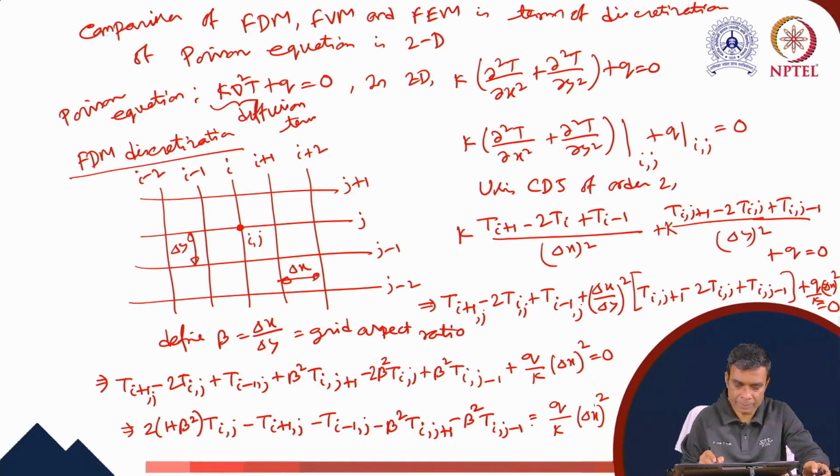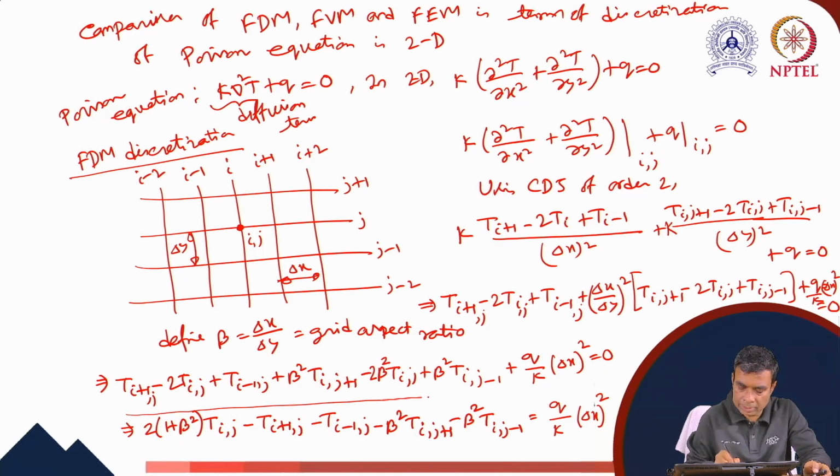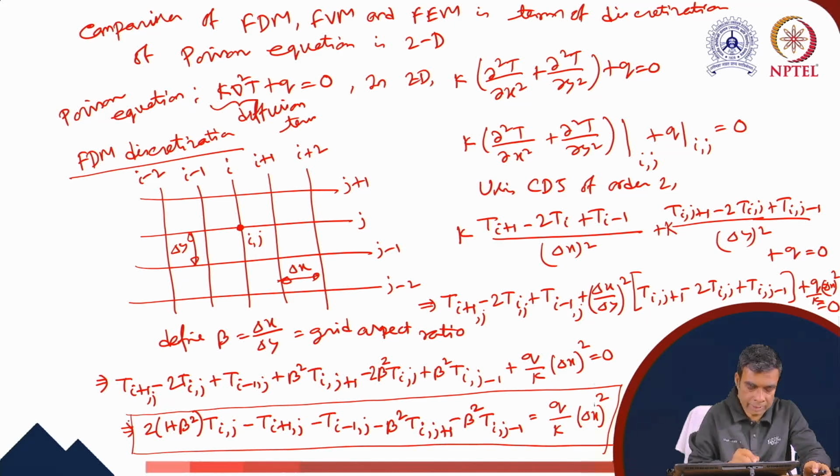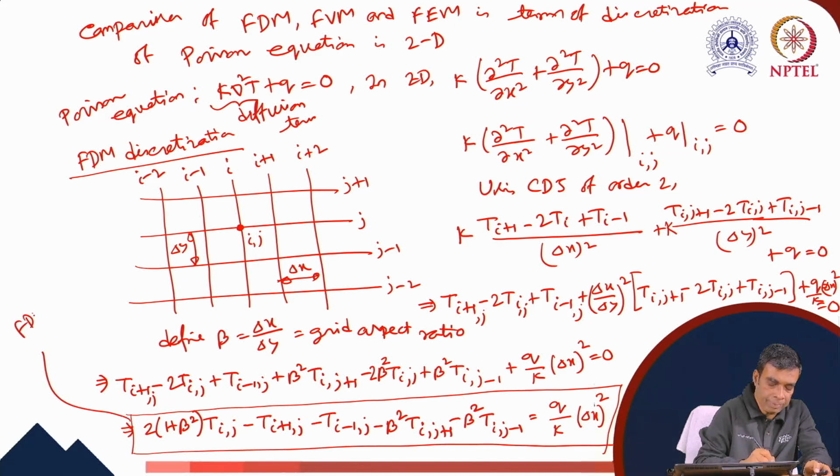Now the expression which we get here, that is the generalized finite difference discretized algebraic equation. This is a linear algebraic equation because our original governing equation was linear. So this is FDM discretized linear algebraic generic equation.